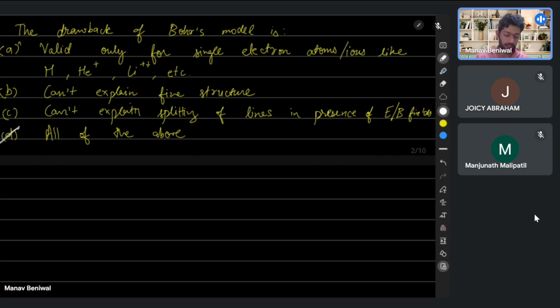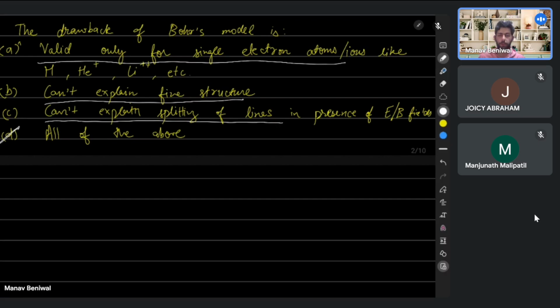So all these things are correct. Bohr's model is valid only for single electron atoms. It cannot explain fine structure, and it cannot explain splitting of lines in presence of electric and magnetic fields. So these phenomena are called Stark effect and Zeeman effect, respectively.